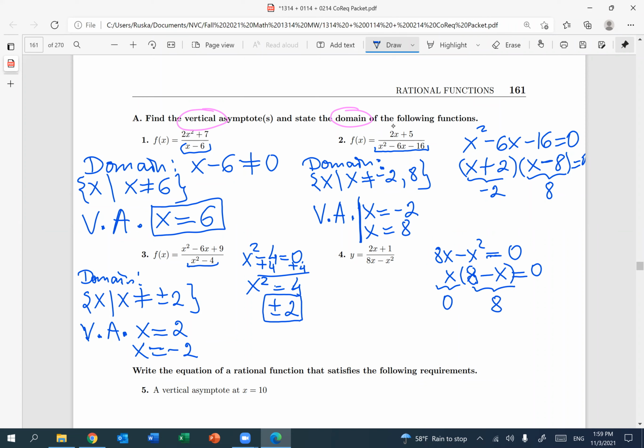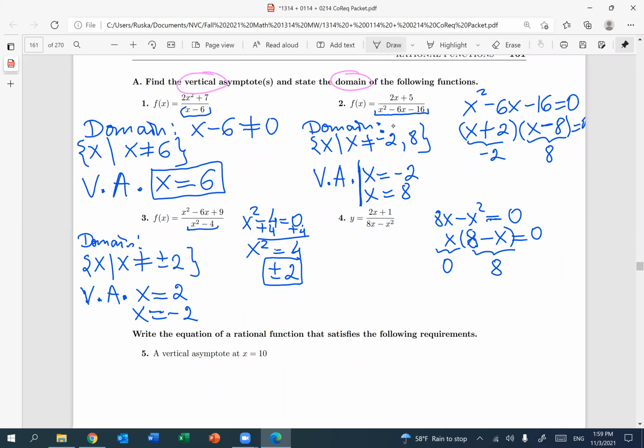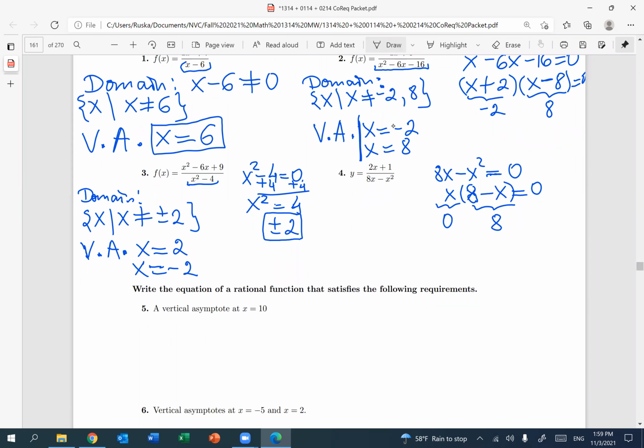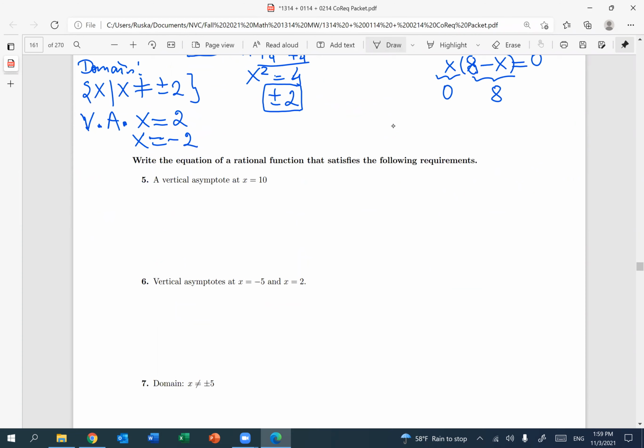When you solve 8 minus x equals 0, you add x to both sides, and you get x equals 8. And just write the domain: x not equal to 0 and 8. The vertical asymptotes are x equals 0, x equals 8. Everybody understand that? So it's really easy to find the vertical asymptote in the domain. You just do the same thing, just one of those is not equal, the other one is equal.